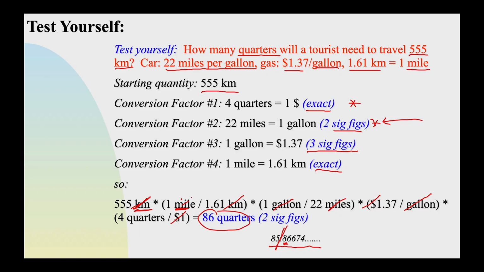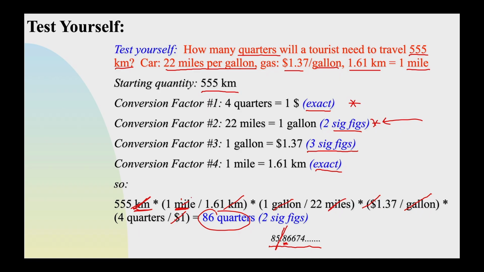So this problem pulls a lot of this stuff together into one piece. And if you can do this kind of problem, please do it. When you put this in your calculator, don't hit enter in between. So again, if you go 555 divide 1.61 divide 22, etc., you can do this all in one stop. So don't go 555 divided by 161 equals. That's too many pushings of the calculator buttons, all right?